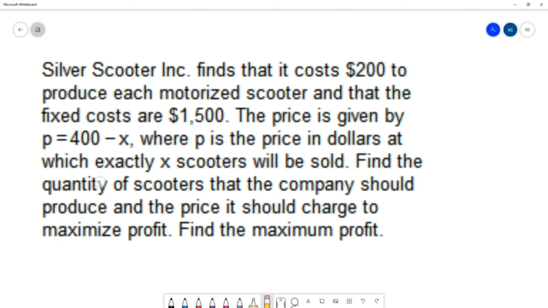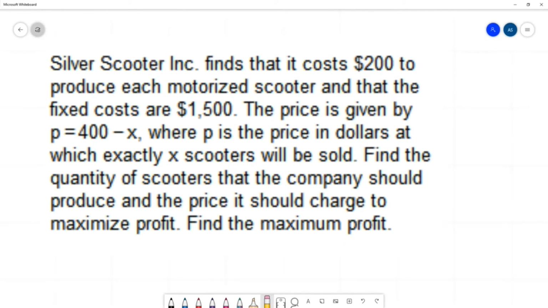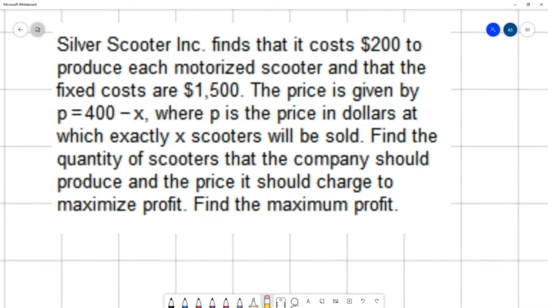Find the quantity of scooters that the company should produce and the price it should charge to maximize the profit. Find the maximum profit. So this example is a business application, and it requires you to know some formulas.